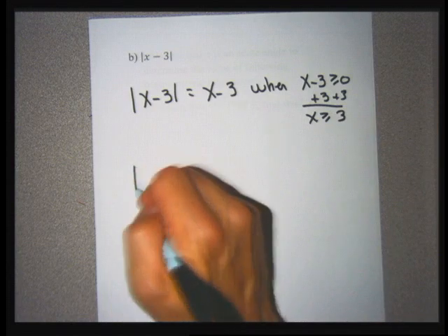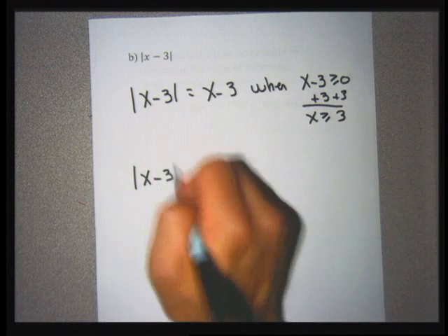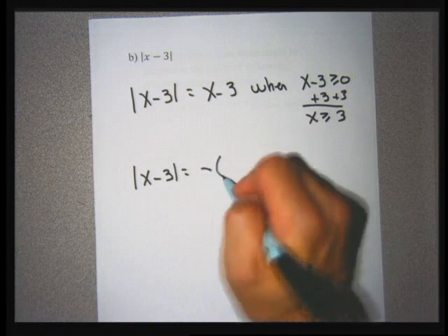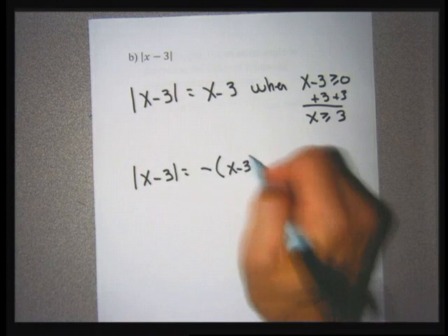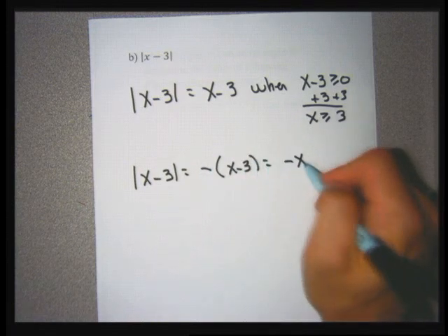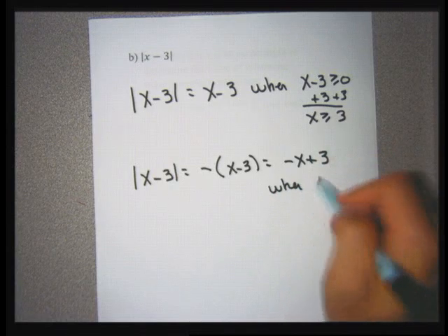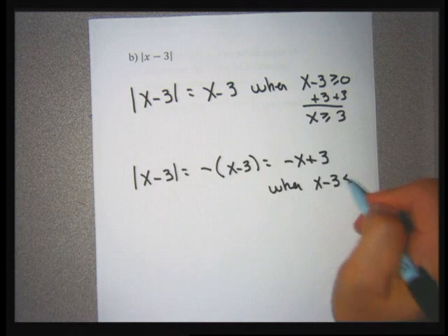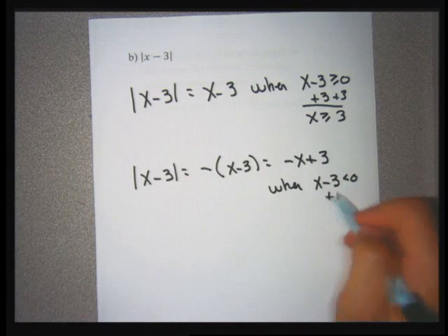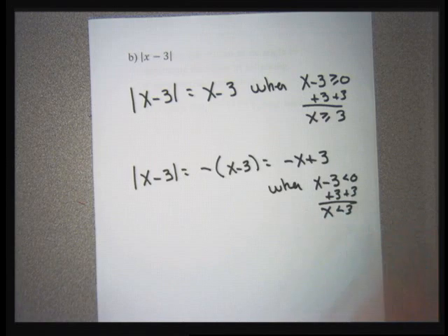And the absolute value of x minus 3 equals the opposite of x minus 3, which is negative x plus 3, when x minus 3 is less than 0. That is when x is less than 3.